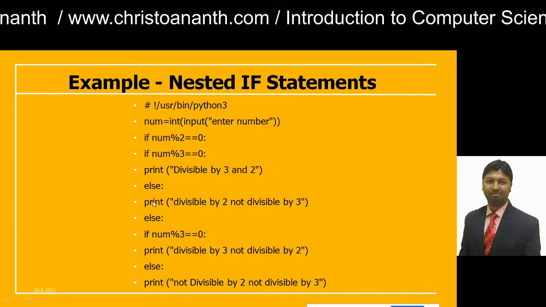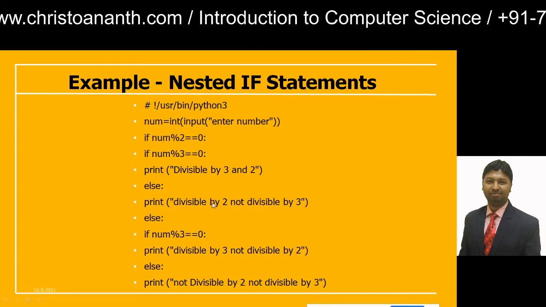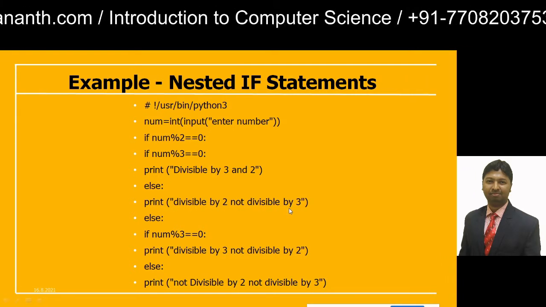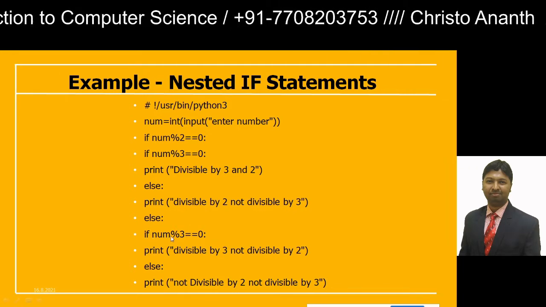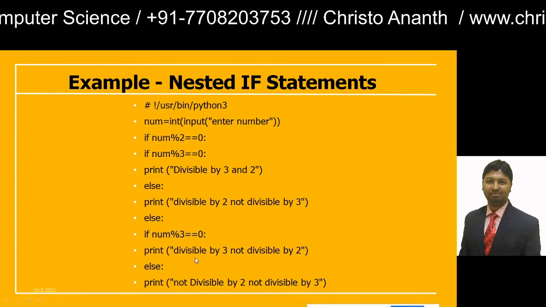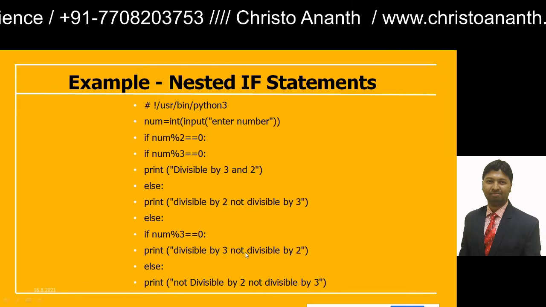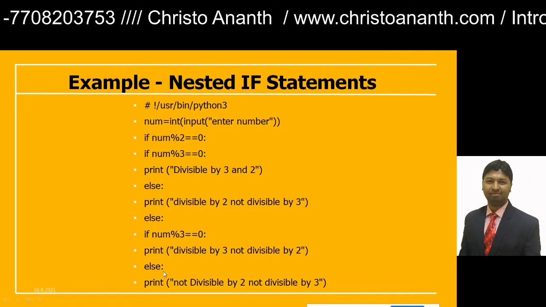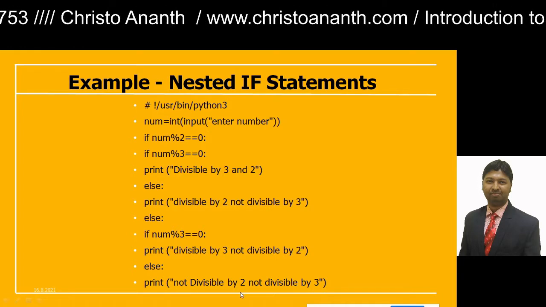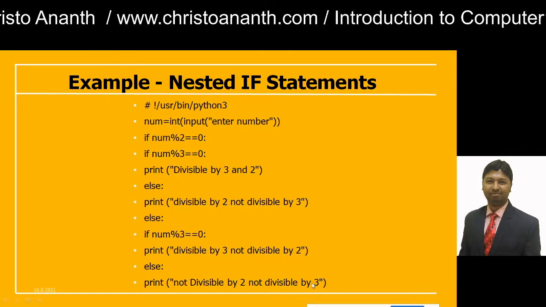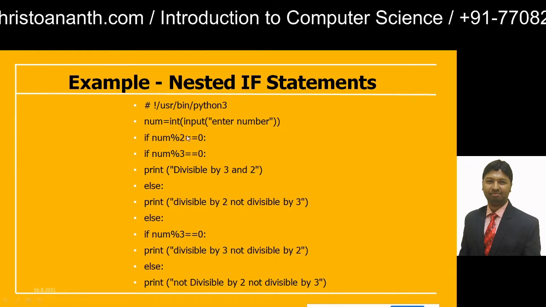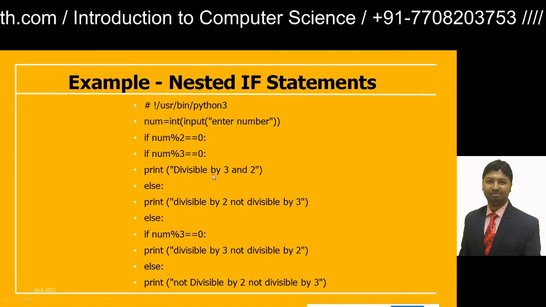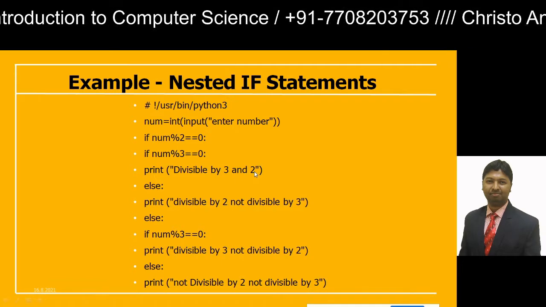Else you can print divisible by 2 but not divisible by 3. Else, in the case where number percentage 3 equal to 0, divisible by 3 but not divisible by 2. Else you are going to say not divisible by 2 and 3. Are you understanding? For example, if we give the number as 6, it says divisible by 3 and divisible by 2.